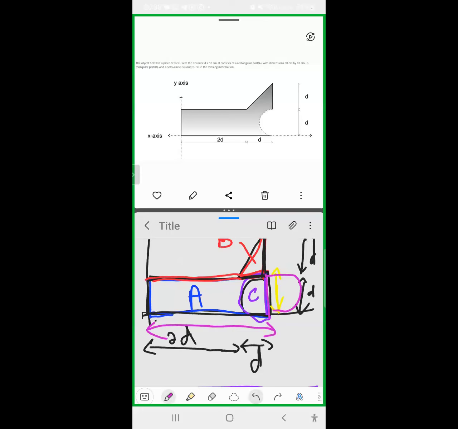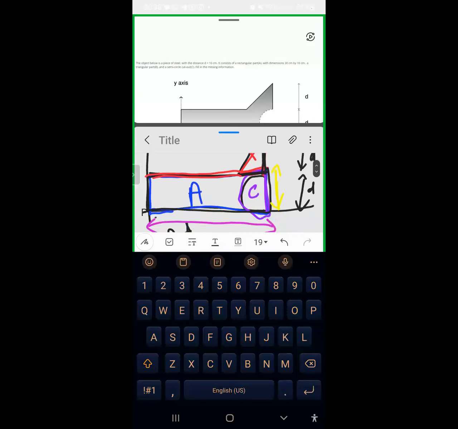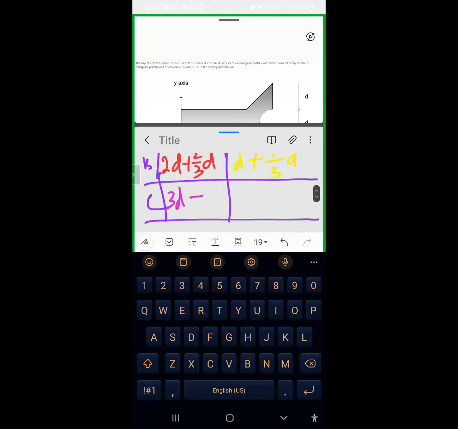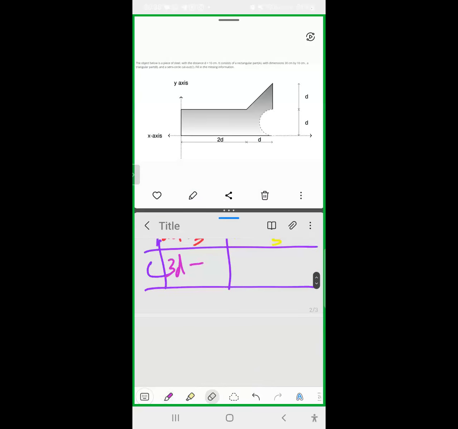But in this case, it's a cutout, so it's going to be 3d minus the x coordinate of the center of mass, which is given by 4 over 3 pi multiplied by the radius. The radius of this semicircle is d over 2.